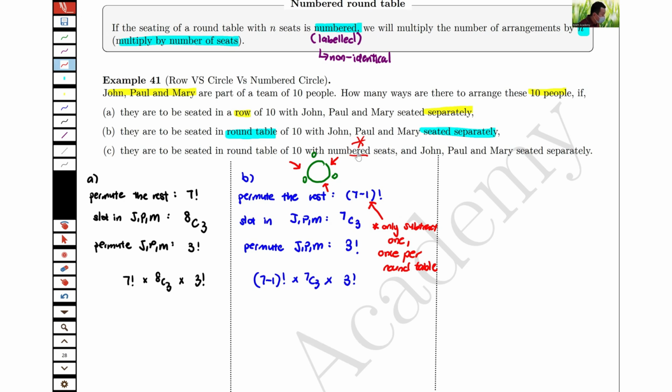Round table of 10 numbered seats. The same exact solution will carry on, except we take one extra step. So you have the same values. Okay, you don't think about the numbers at the start. The only difference is you multiply by 10. And that 10 is because there are 10 seats, based on the number of seats available.